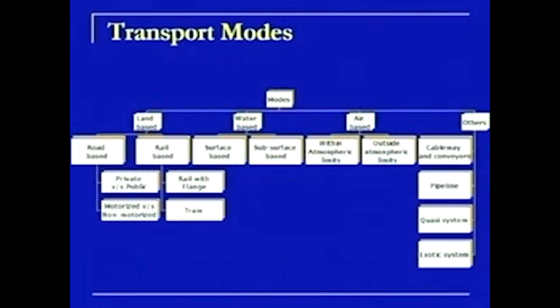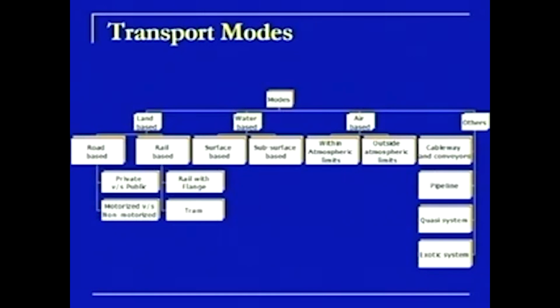Now, out of these systems, we move to the other one, that is what are the modes which are available to us. In the case of different modes, we can classify them on the basis of the support system which they will be using. They will be land transport systems, water transport systems, air transport systems, or some other systems.